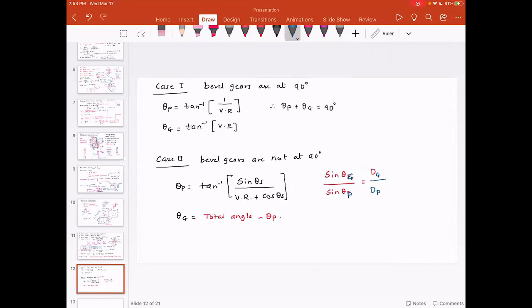The second relationship is theta s is equal to theta g plus theta p. So if you have these two relationships, then you should be able to find out these angles. And I will work out the problem wherein we will discuss how to find out those angles.